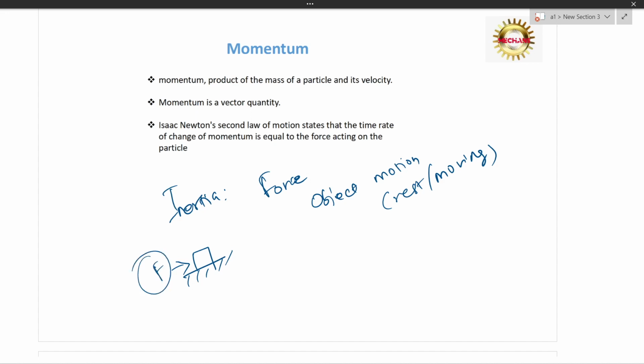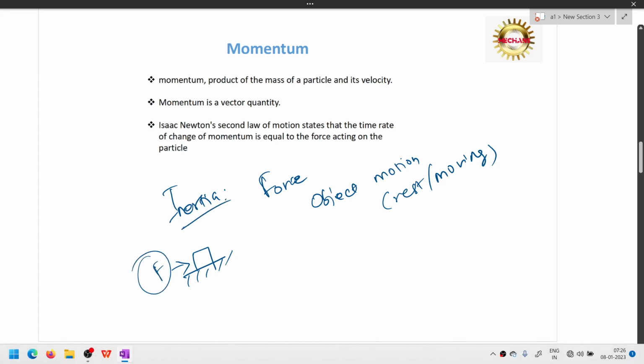Why I'm explaining it here is that inertia also depends on how much momentum it has. If one object moves with a particular momentum, that inertia depends on the momentum the object has.